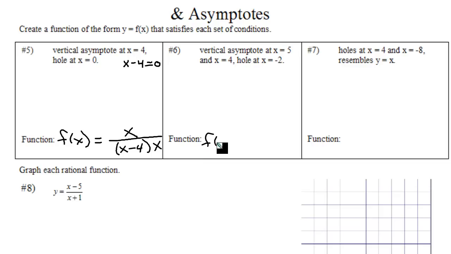Number 6. I see vertical asymptotes and holes, so it's going to be a fraction. Vertical asymptote at x equals 5. That means x minus 5 has to be on the bottom of your fraction. Also a vertical asymptote at x equals 4. That means x minus 4 had to be on the bottom of your fraction. Let's put those in.